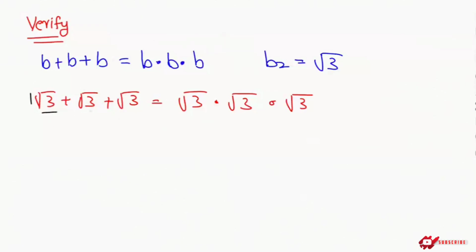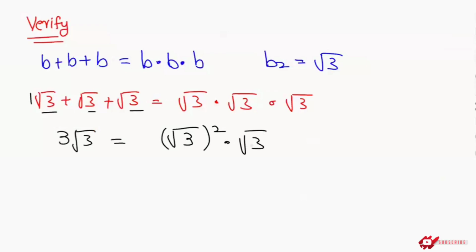We have the common root 3 value, so I'm going to write 3 root 3 here. And here I will write this easily: 2 times we have root 3, so we're going to write root 3 whole to the power of 2 times root 3. So here this and this get cancelled. So 3 root 3 is equal to 3 root 3. So the left hand side is equal to the right hand side. So the value of b2 we found is absolutely correct.